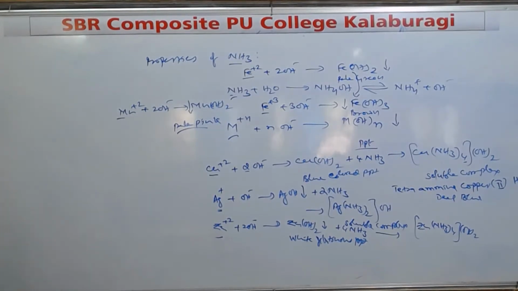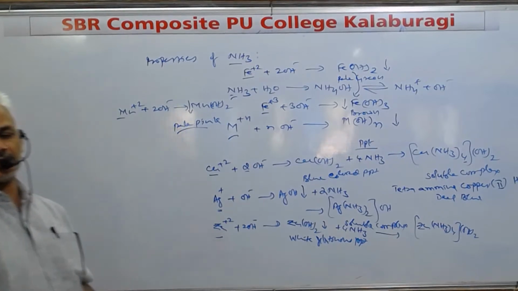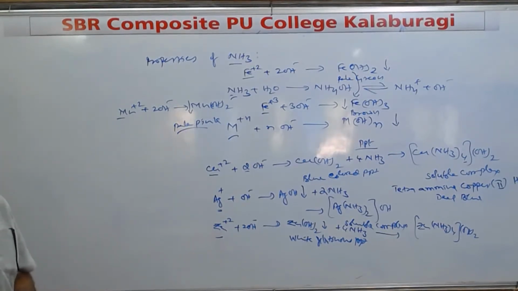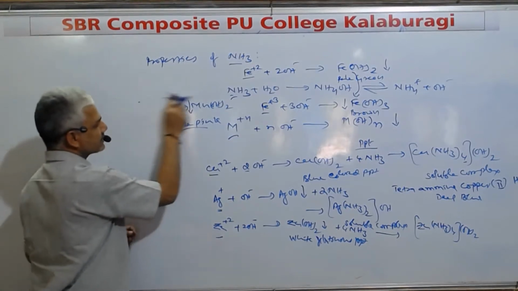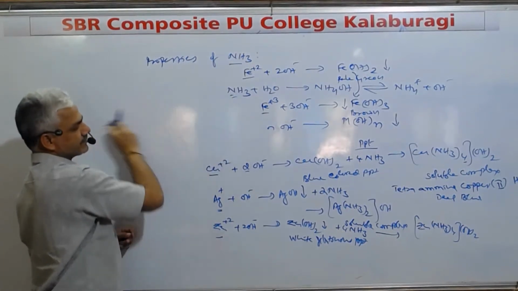Then what is the use of this ammonia? 90% of ammonia is used for the production of urea. And urea is used as fertilizer. Then ammonia is used in the manufacturing of nitric acid also.